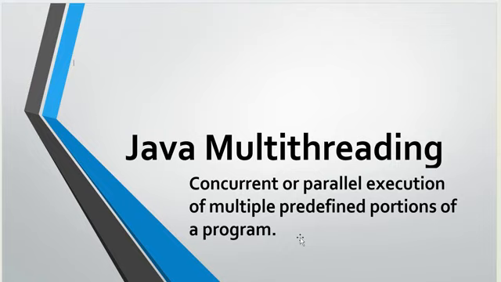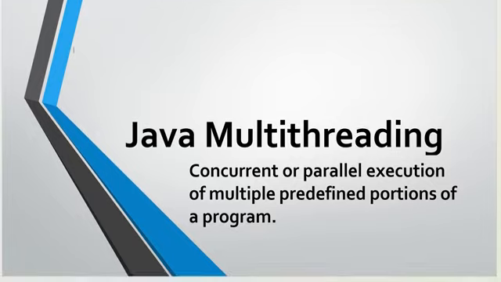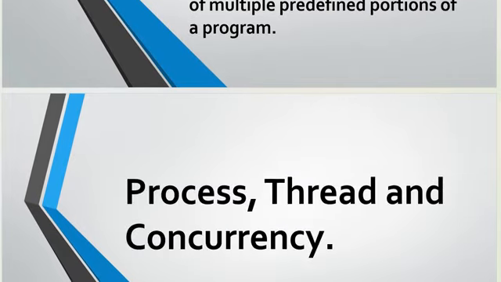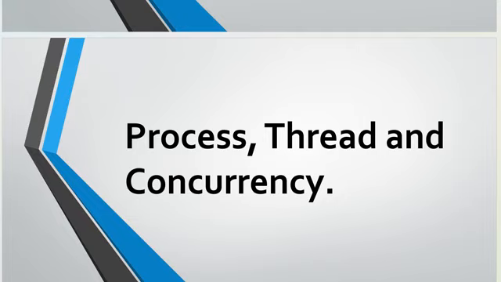So multiple tasks will be executed simultaneously, so that the time taken by the whole program will be faster, because multiple parts will be executed parallelly, so the same task will take less time.